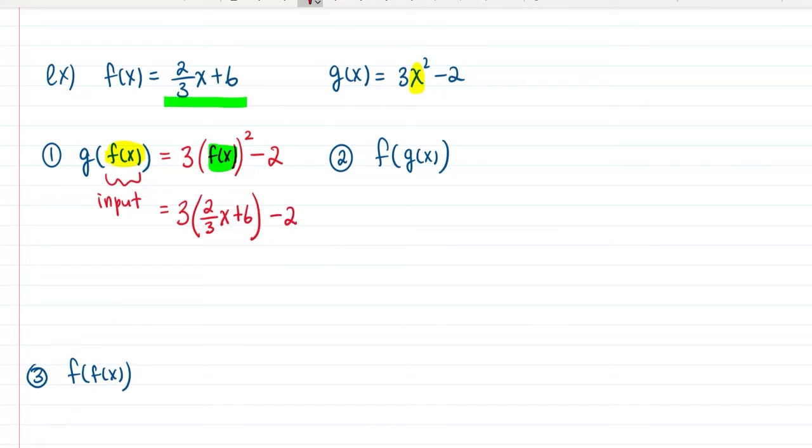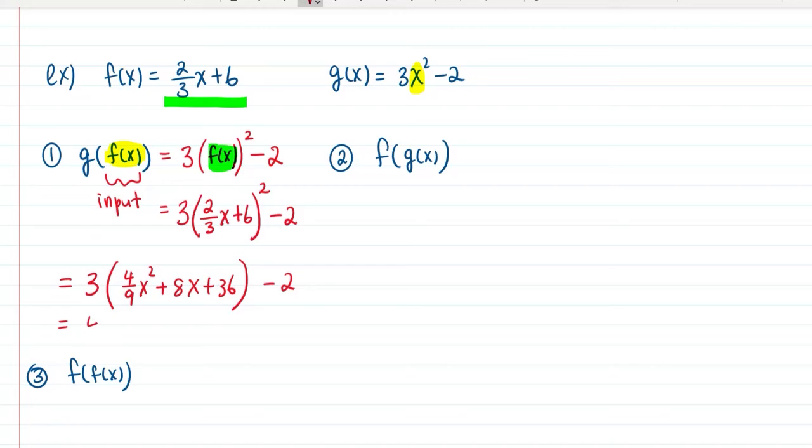Minus 2, and squared. So 3 times 4 over 9x squared plus, if you square that expression, it will be 2 times the multiplication of these two numbers. So that will be 4 times 2, 8x plus 36, minus 2. So distribute 3 into all the terms inside the brackets.